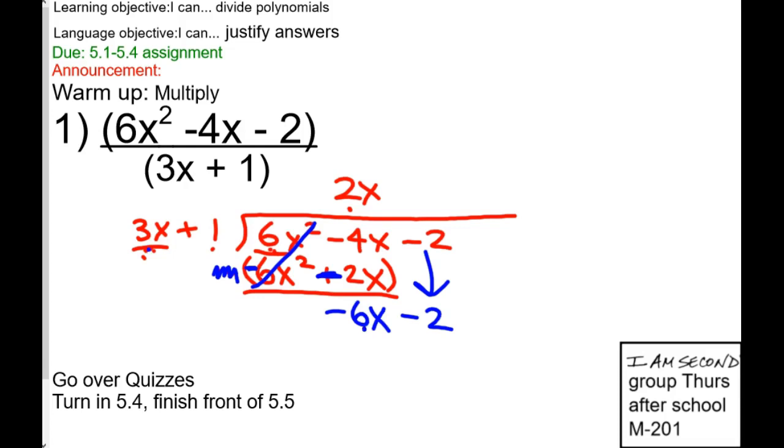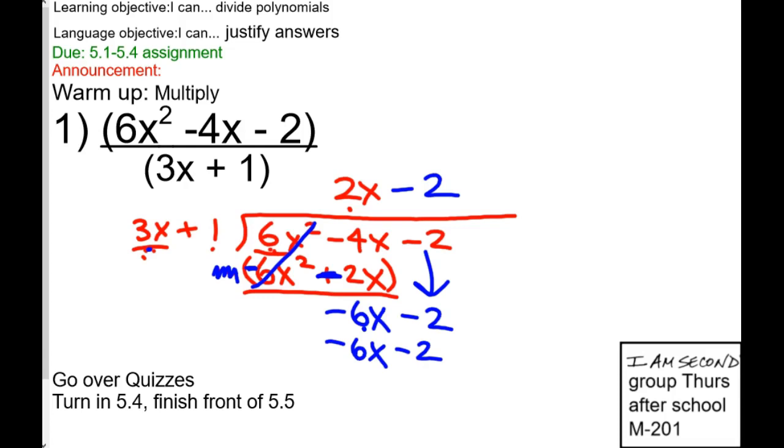So what's negative 6x divided by 3x? Negative 6 divided by 3 is negative 2, and the x is canceled, so minus 2. And then I remultiply. Negative 2 times 3x, negative 6x. Negative 2 times 1, negative 2. Now, when they match like that, they're going to end up canceling out.